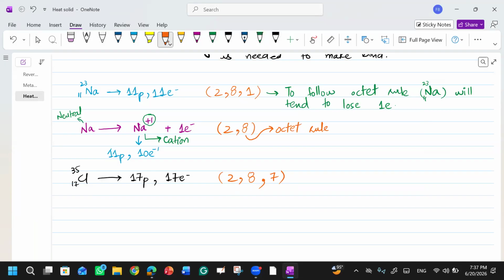Because nobody wants to lose more electrons. No element tends to lose many electrons; either it will tend to gain electrons. So this is to follow the octet rule.